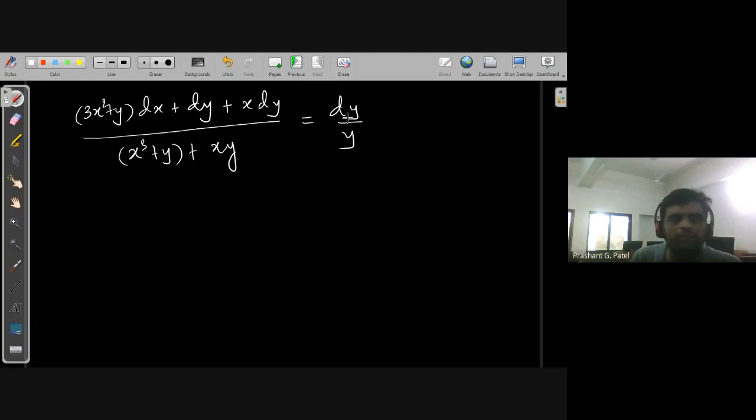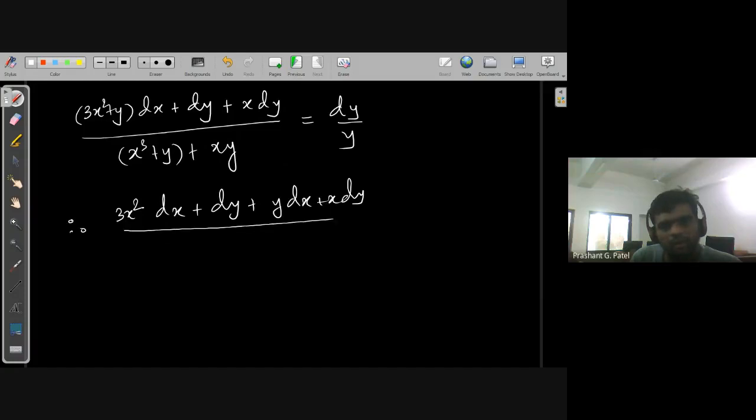This is the quantity we have. So you just see the integration of this quantity. So that is 3x square dx plus dy plus y dx plus x dy upon x cube plus y plus xy is equal to dy by y.